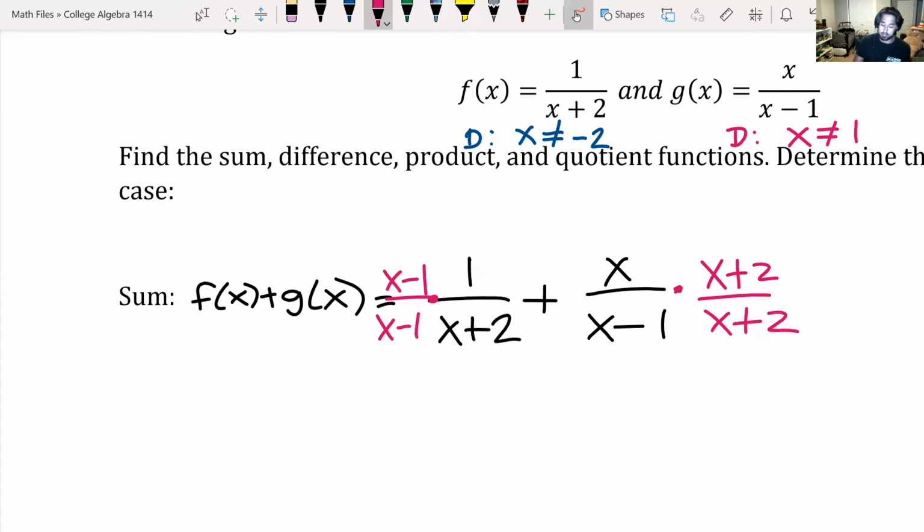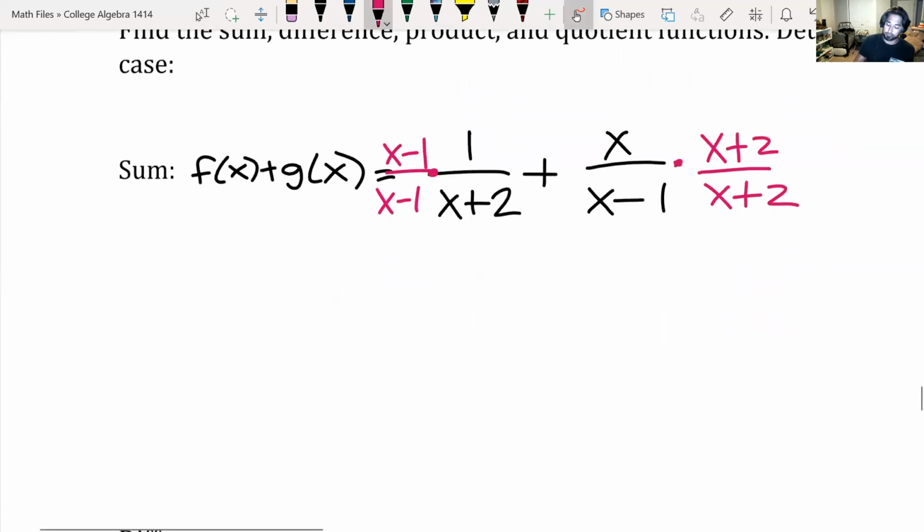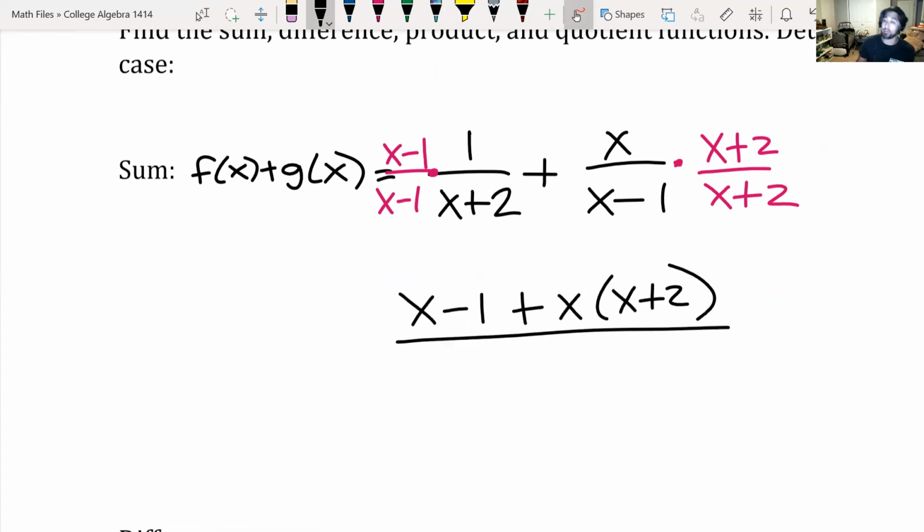And let's keep simplifying. We will end up with x minus 1 plus x times x plus 2 over the same denominator of x minus 1 times x plus 2. And now simplify some more.